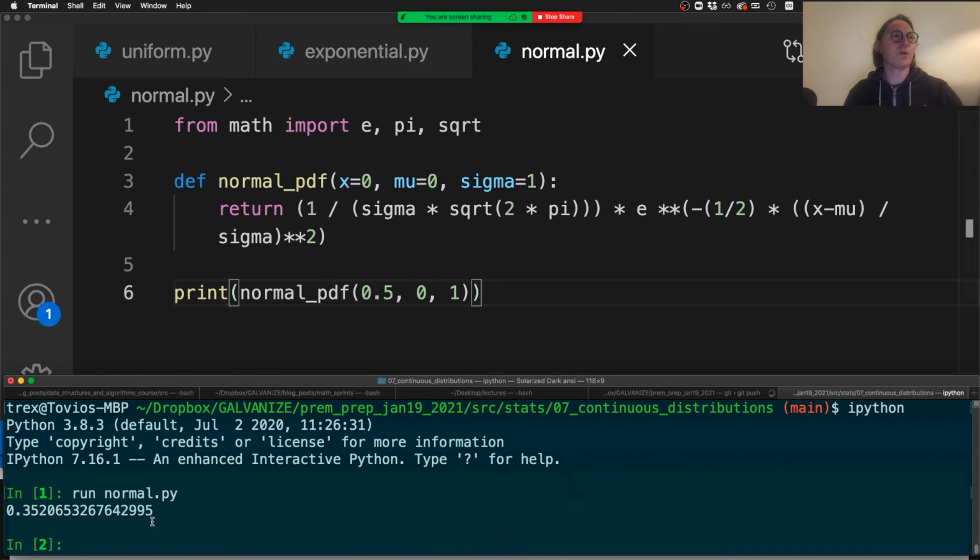Okay, so that looks correct. 0.352, etc.